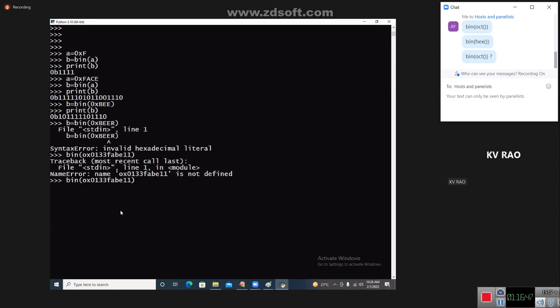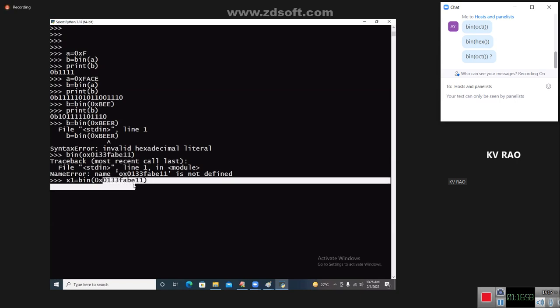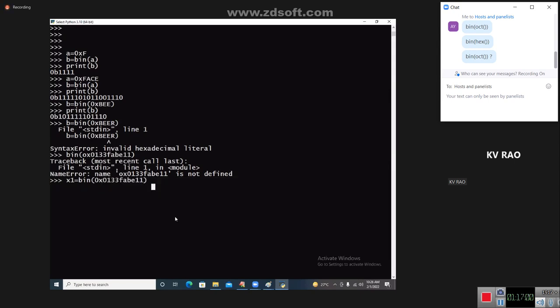Now I'm writing something like x1 is equal to 0x, followed by digits like 0 1 3 and so on. He has written that. No problem, Vamsi Krishna, please look at that. Print of x1.